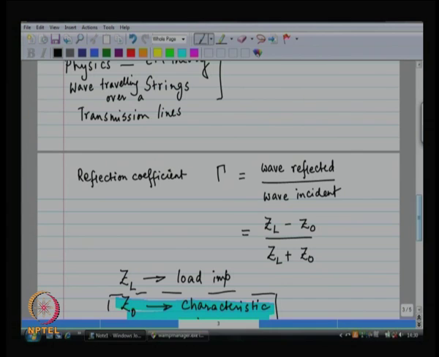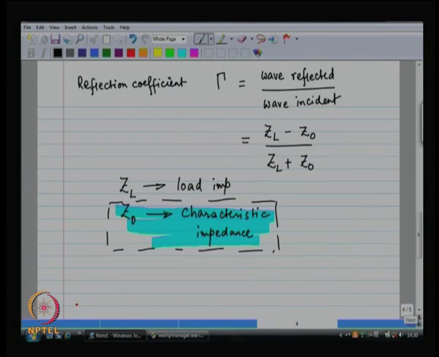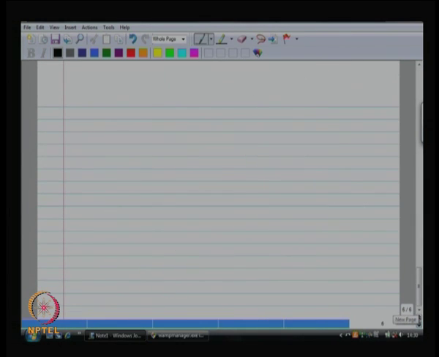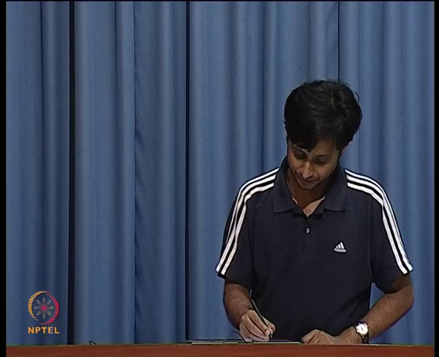Now, what? So, suppose I know the characteristic impedance, suppose I know the reflection coefficient. So, what? This is how it works.